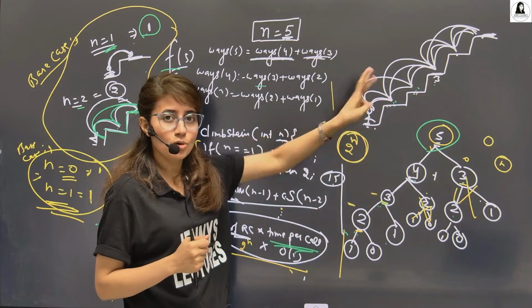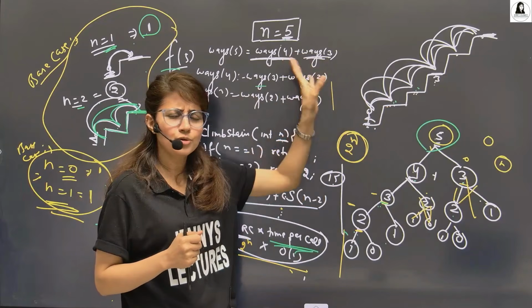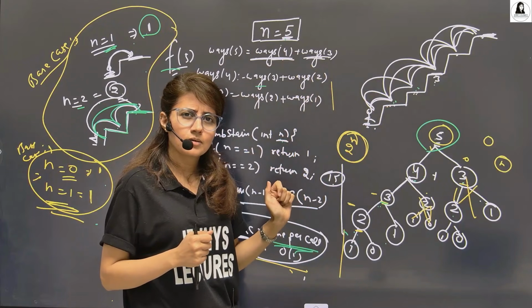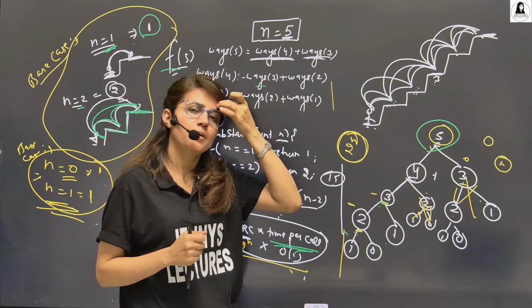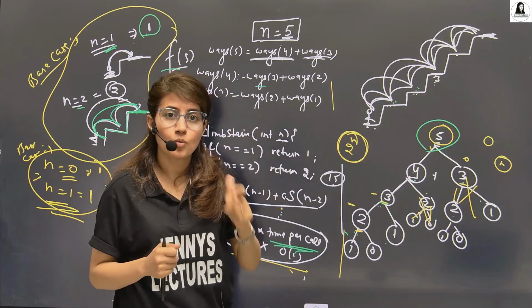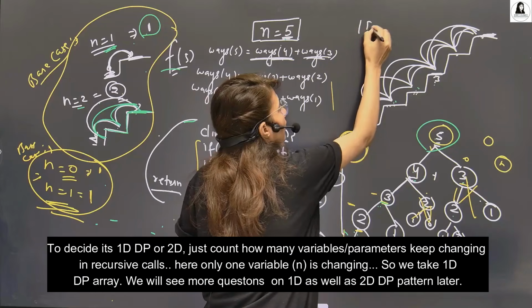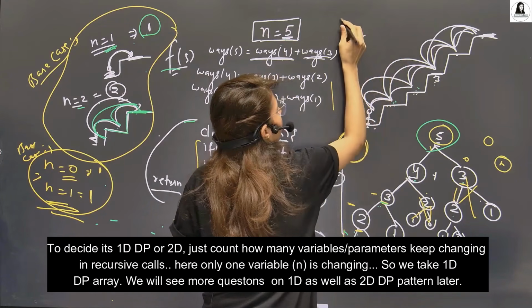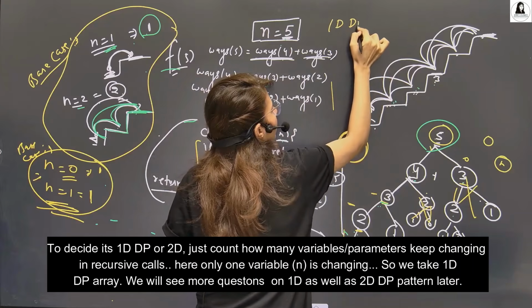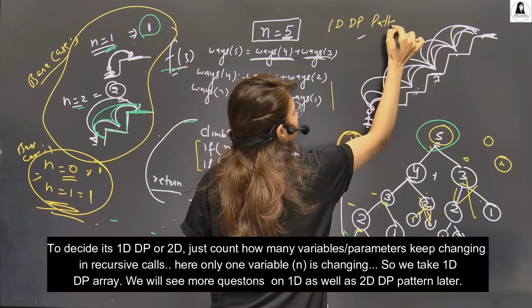Third is, can you solve this with a bottom-up approach? Don't use recursion. Directly fill the table. It's kind of a table, which means it's a 1D DP problem, a 1D pattern. So I will write 1D DP pattern.